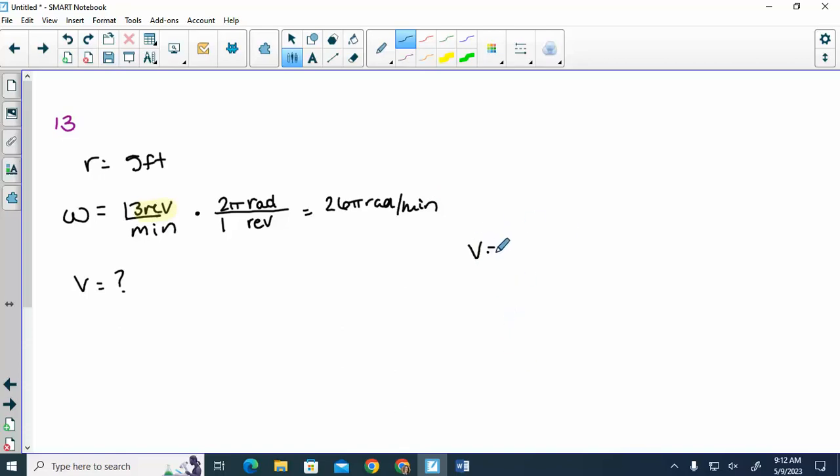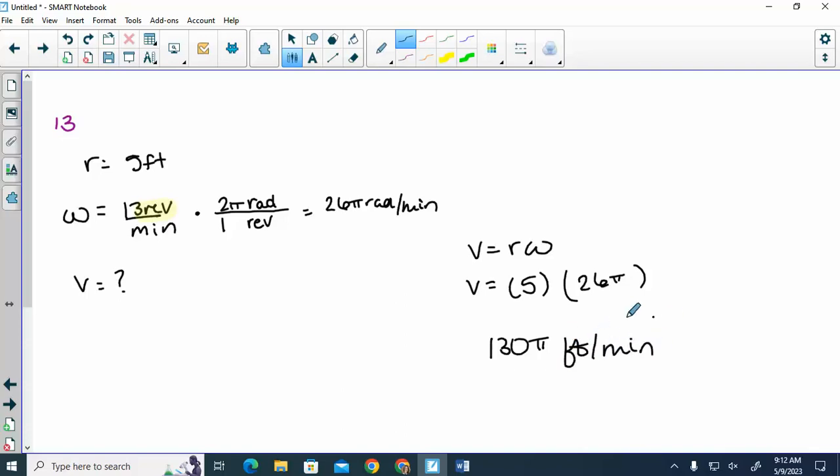Then we can do V equals R omega now that we have radians. So you do 5 feet times the 26 pi radians per minute. And you get 130 pi. Linear velocity, so linear would be feet, and per minute. So 130 pi feet per minute.